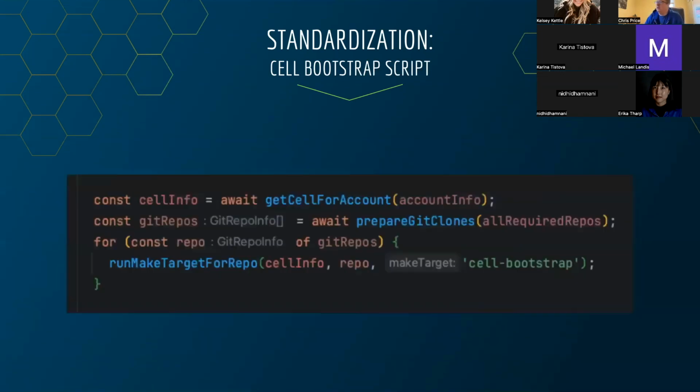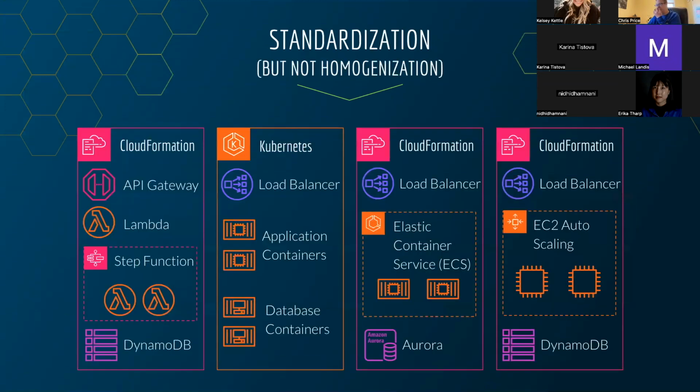Once you've done some standardization, you can write generic logic that can grab information about a cell from your cell registry and then iterate over all of the Git repos for the components of your application, and run one of your standardized make targets against them. That gives you a really nice generic way to manage the lifecycle of all of your components, even if they are built very differently from one another. So we talked about all of that stuff last week.